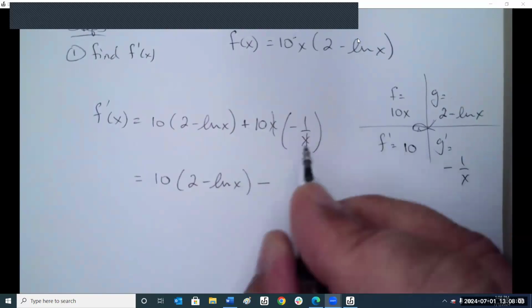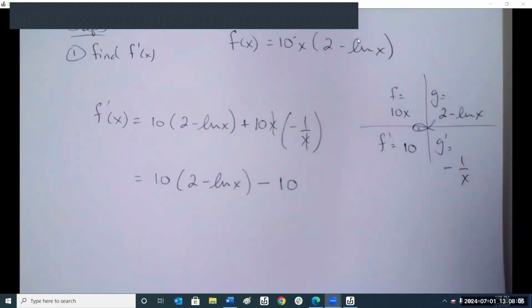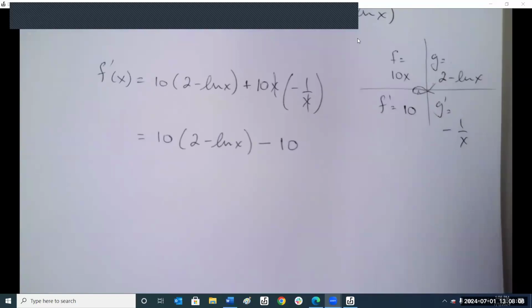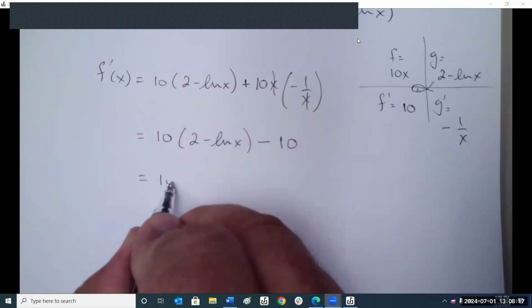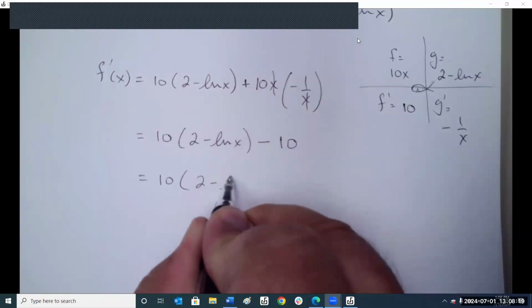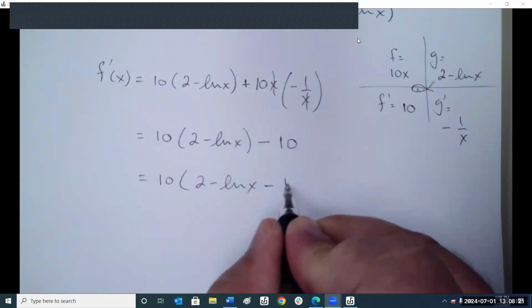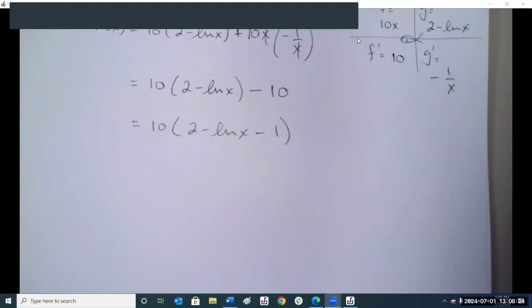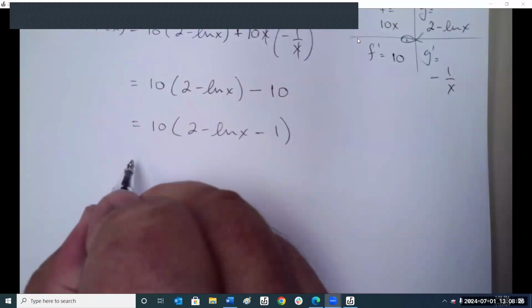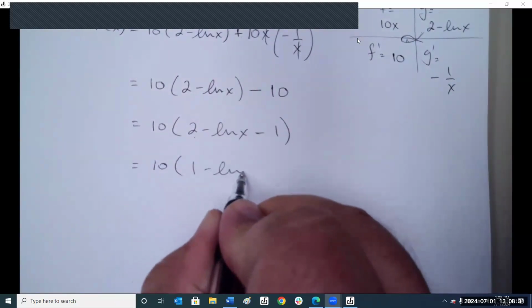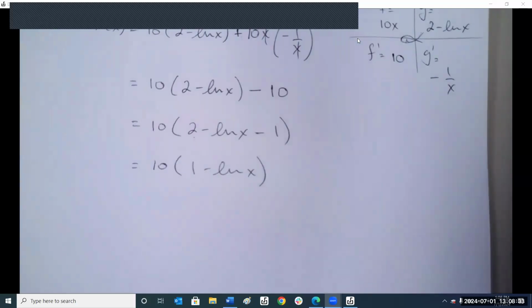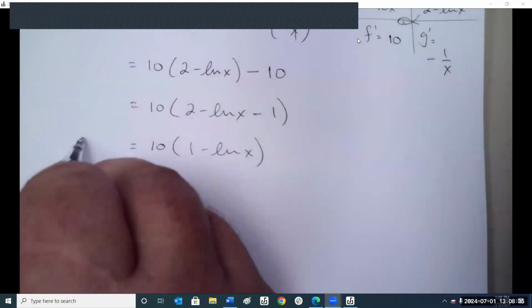The x's cancel, so we just get 10. We can factor out a 10, leaving us with 2 minus ln x minus 1. Two minus 1 is 1. Okay, so that's my first derivative.